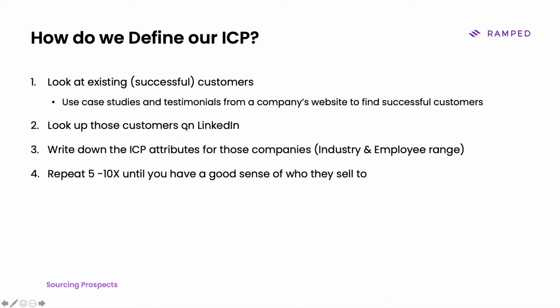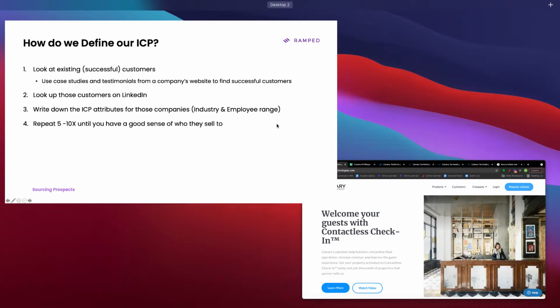And then we're going to go and research these companies on LinkedIn. We're going to start to write down the common attributes of all these companies that we sell to today, our current customers, so that we can create this ICP. That's really what we're doing here. We're creating an ICP from scratch. Once we have that ICP, then we can go out and find new companies to research, new prospects to sell to. So let's start there, and then we'll come back and do the buyer personas.